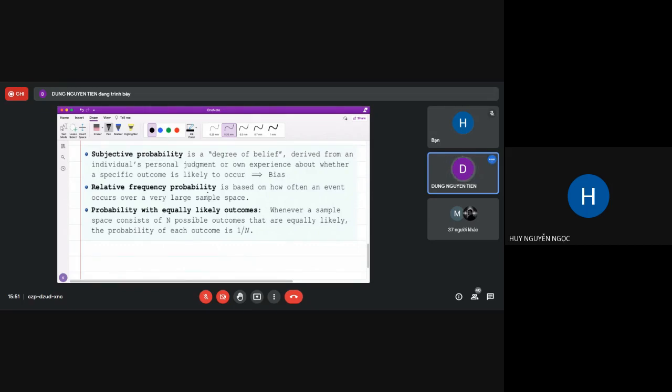There are two disadvantages here. The first is that you don't have a constant. You don't have a fixed value for the probability, because every time you repeat the experiment, you will get a new value. Second, and more important, you have to repeat the experiment many times to be able to get the chance.